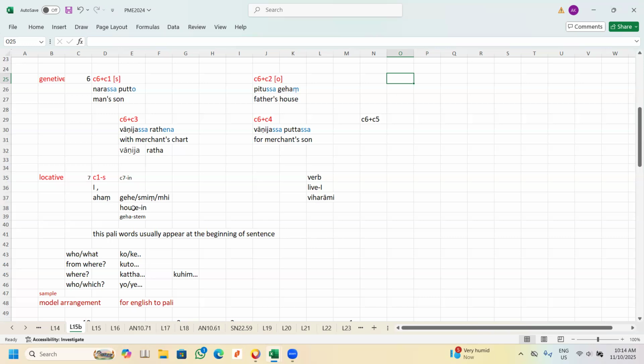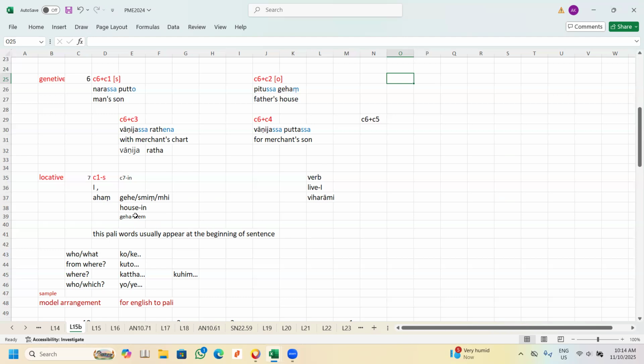The word Geha is house first. The preposition in English, normally we put separately, but in Pali they are joined together in such a manner. You can see the word Vihara means I stay or I live. You see, I live in the house. So it's upside down.